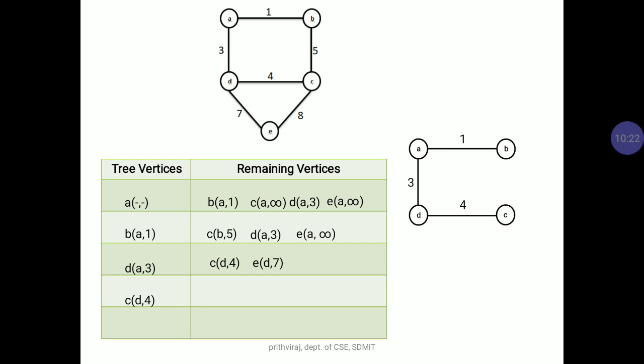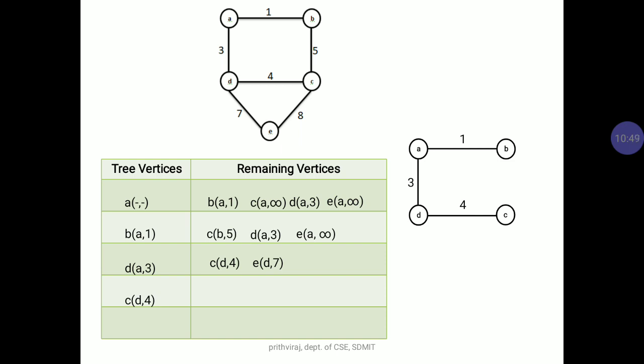Now from C we have direct edge with the weight as 8. Just look at the figure. From C to E we have direct connection, direct edge with the weight 8. Now is it okay if I write E of C comma 8? Because in the previous step we have E of D comma 7.